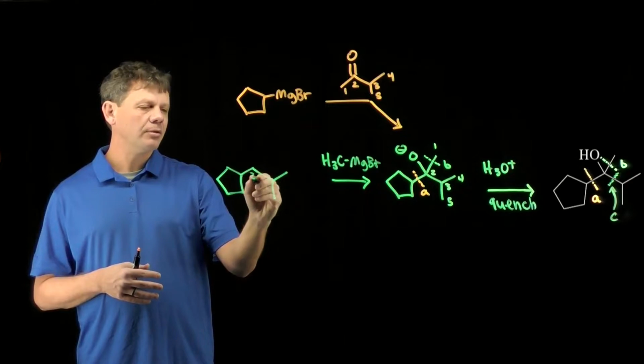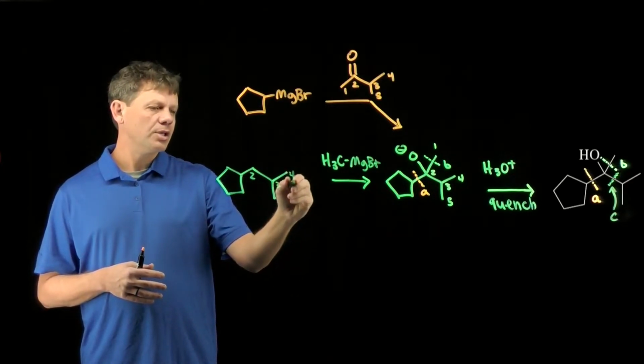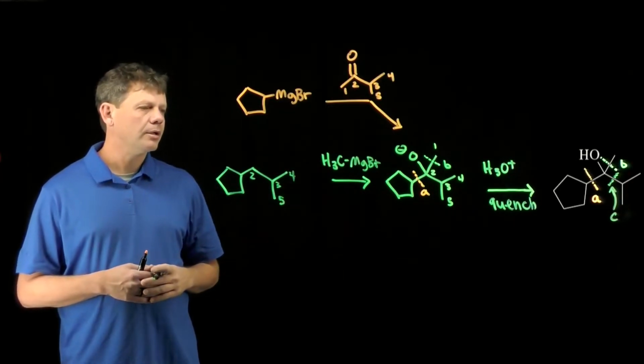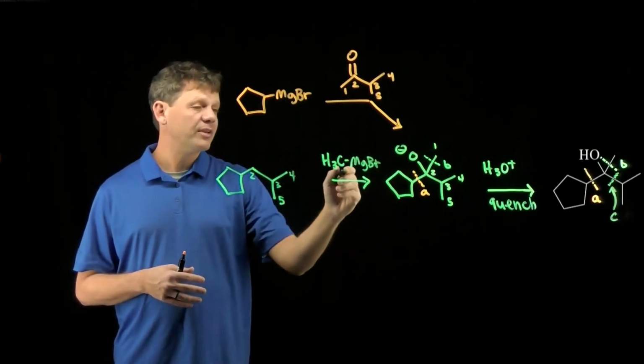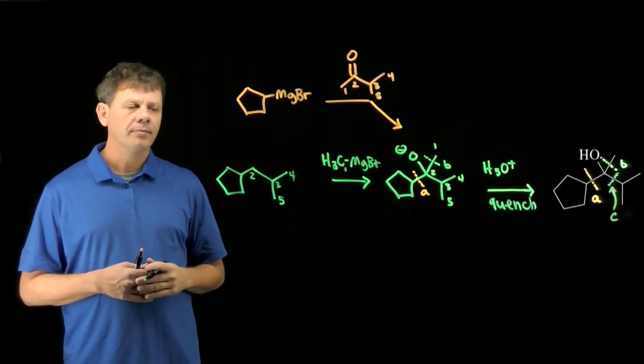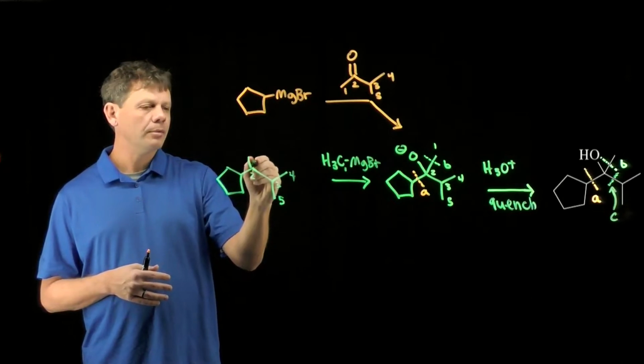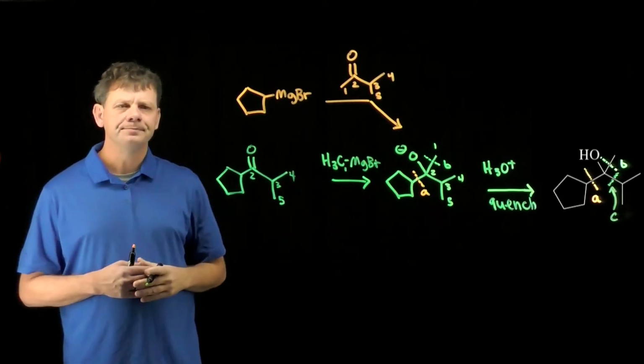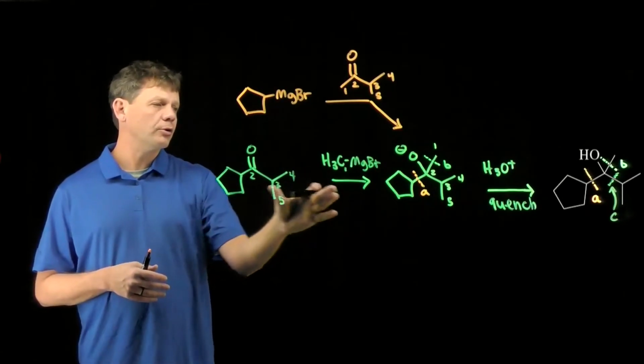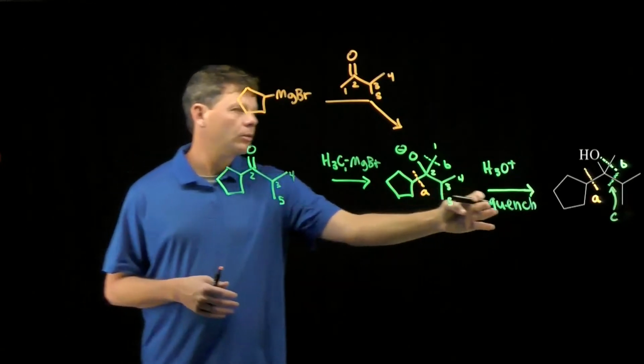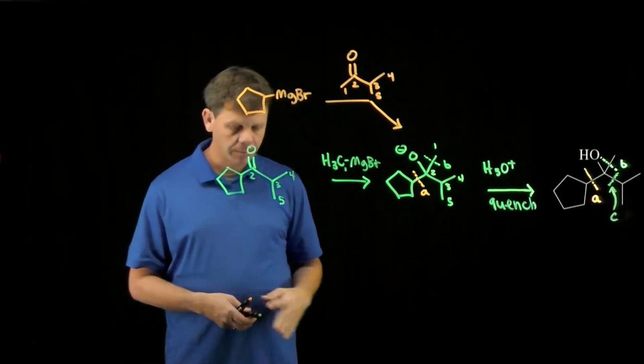We'll put 5 in there, throw the numbers on, just to be clear. This carbon that's the methyl that's added is in fact carbon 1, and so we need a ketone at carbon 2. That Grignard reagent would give this alkoxide, which on acid quench would also give the product.